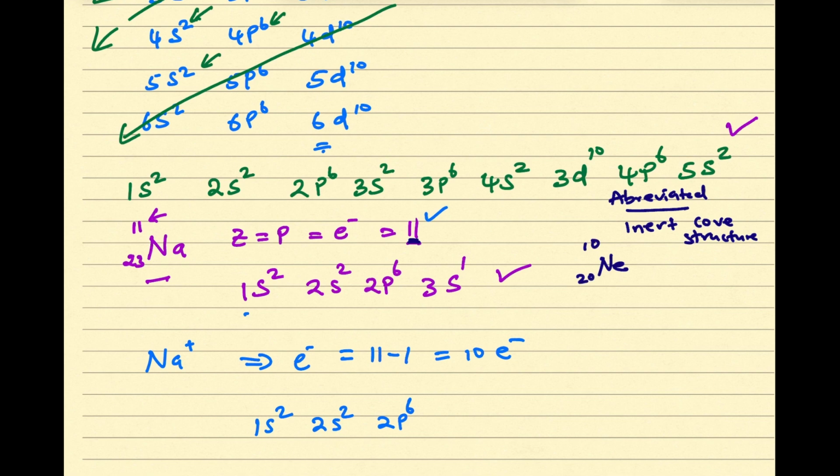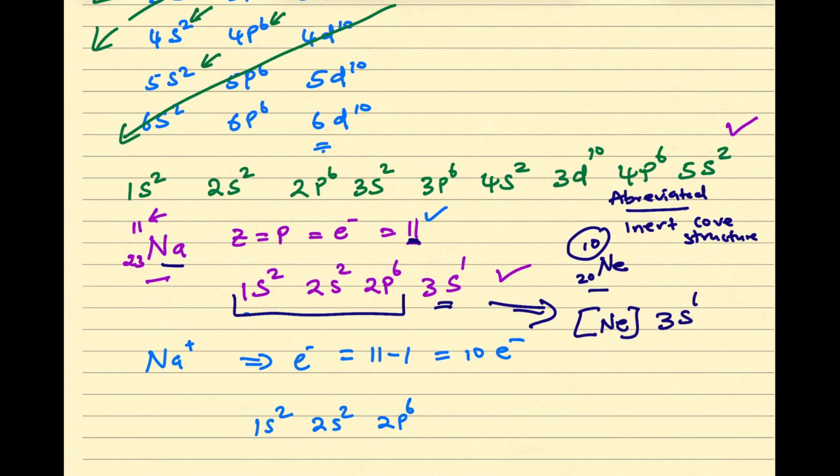So we see that we can actually write the electron configuration for sodium using the neon core structure, and because that accounts for 10 electrons, that will be up to here. So the electron configuration for sodium will be the neon core structure, which is actually 10 electrons, and then you're left with 1, and that one will be 3s1.